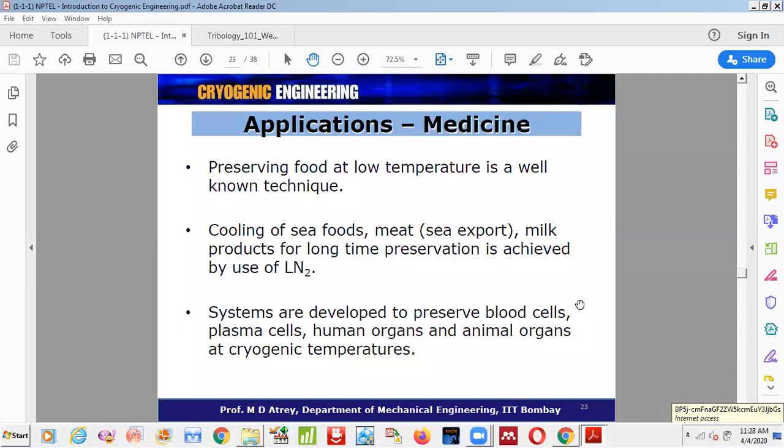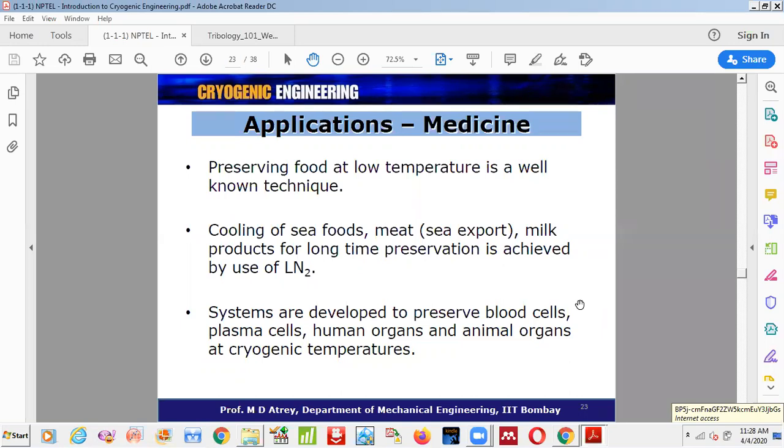use of LN2. Now, you might also see this cryogenic system in each and every milk processing unit. For example, KMF near Harihar, and the KMF in Kormangla, Bangalore, where chillers are used.